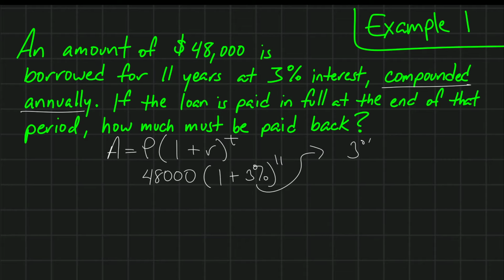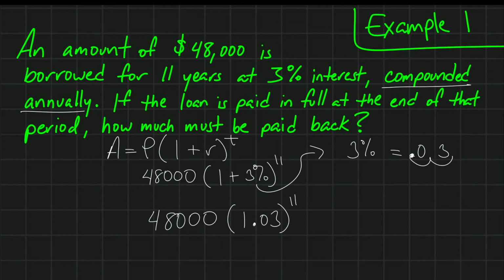So 3%, if we put that in decimal form, that's going to be 3, move the decimal place twice. So it's going to be 0.03. So 1 plus 0.03 is going to be 1.03. We raise that to the 11th power, and then we multiply that by 48,000.